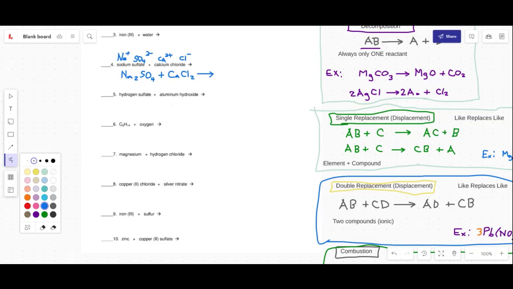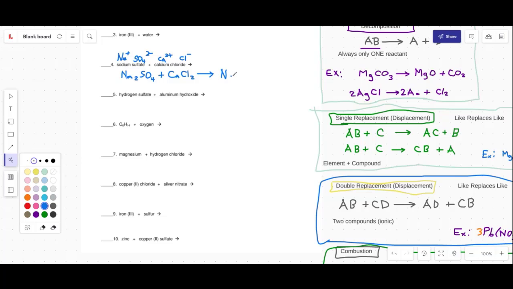So, what is sodium going to go with? Sodium is going to switch places with calcium, and it's going to go with chlorine. And when I put them together, I have to put them together according to their charges. Well, sodium is a +1 charge, right?